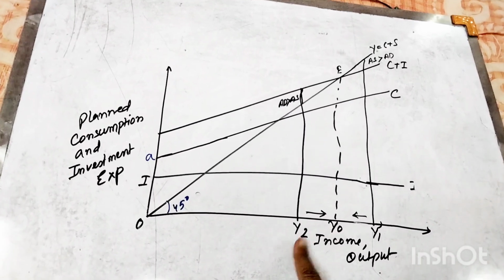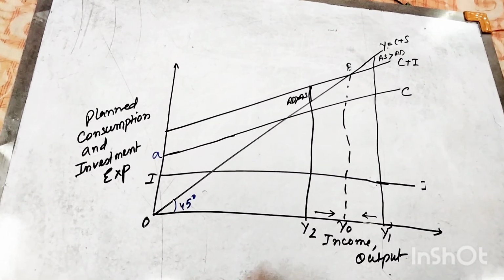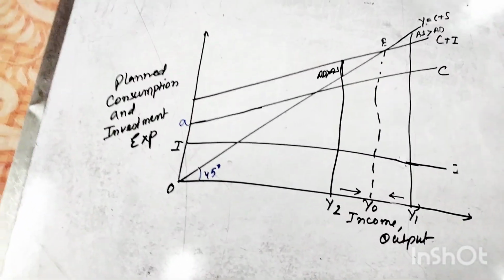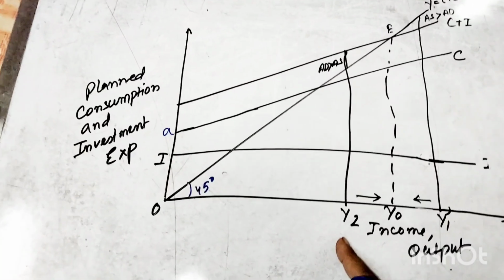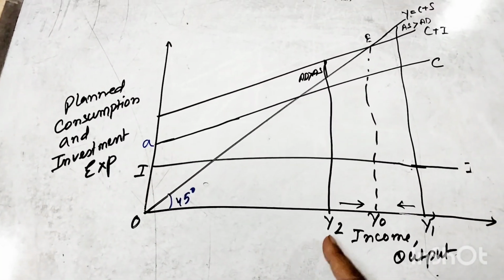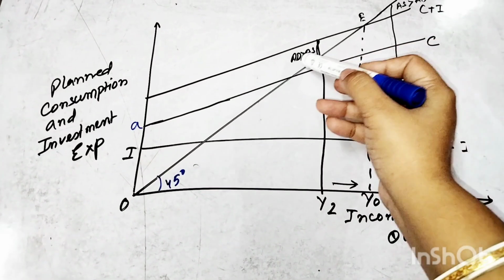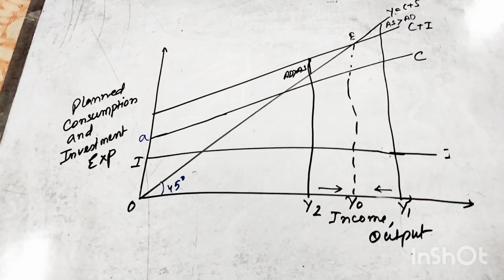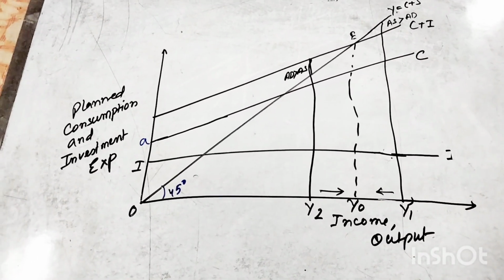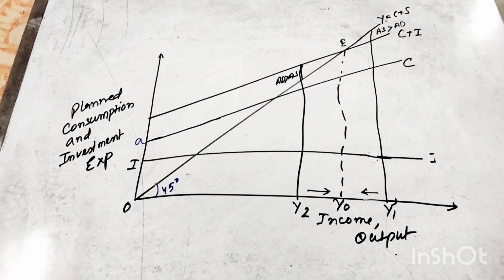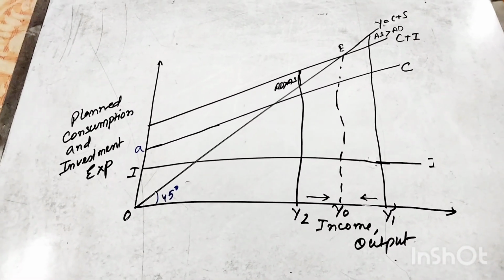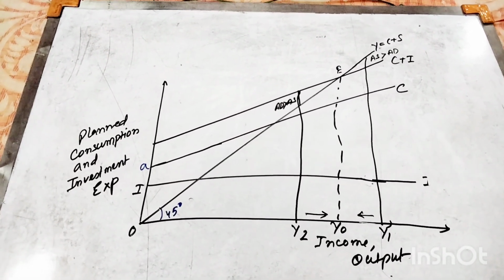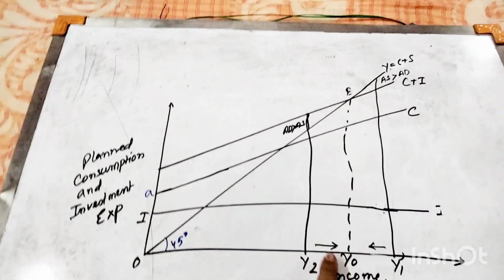Next, suppose Y2 is your level of the output. If the economy is producing Y2 level of the output, at Y2 aggregate demand is greater than the aggregate supply. So in that case the firm will increase the production because your demand is greater, and that will be denoted by this arrow.